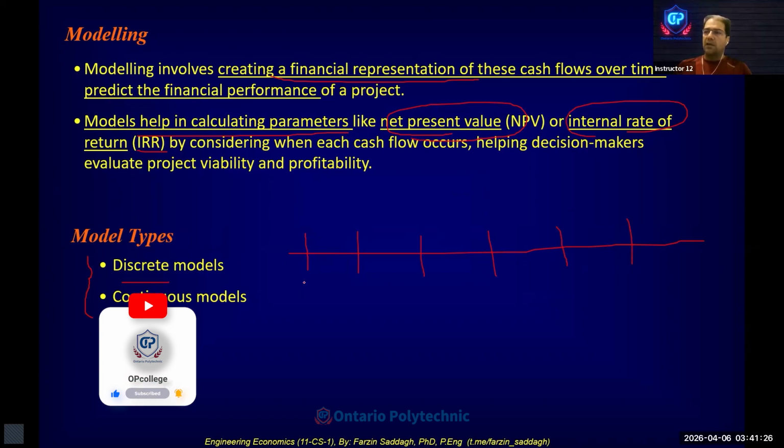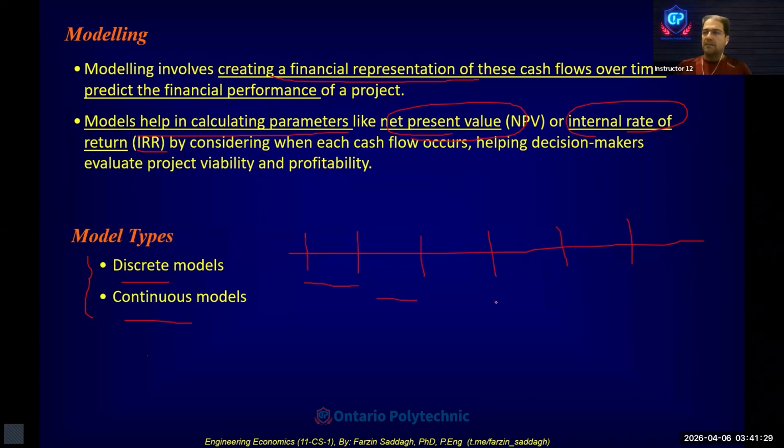When we define periods like this, inflows or outflows occur at this point or this point, and we have nothing between them. This is the discrete model.